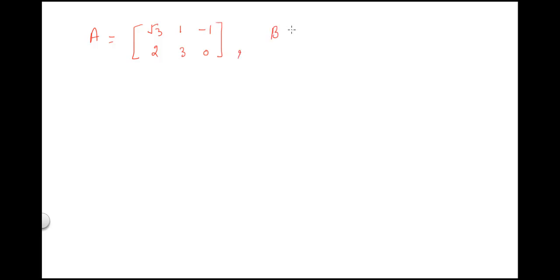Matrix B is given as 2, square root of 5, 1, and the second row elements are minus 2, 3 and 1 divided by 2. Now they're asking us to find A plus B. If we have to find A plus B, first of all, we will be adding the corresponding elements of A with the corresponding elements of B.